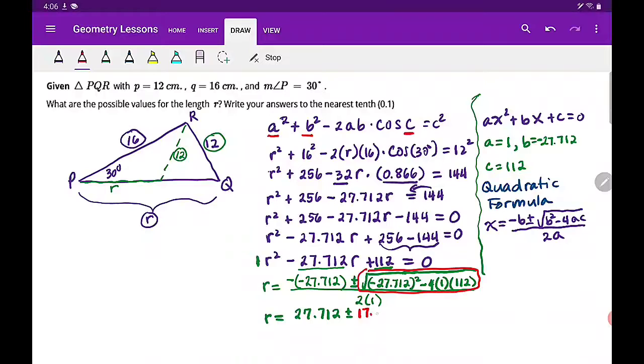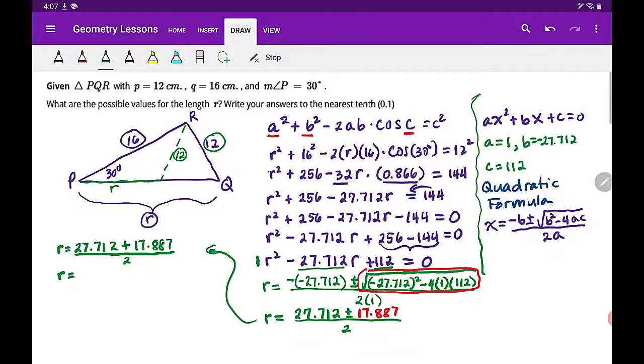All over 2 times 1 is 2. So all we have to do now is separate the plus and minus. I'm going to work with the plus first. If I do the plus part, r is equal to 27.712 plus 17.887 divided by 2.